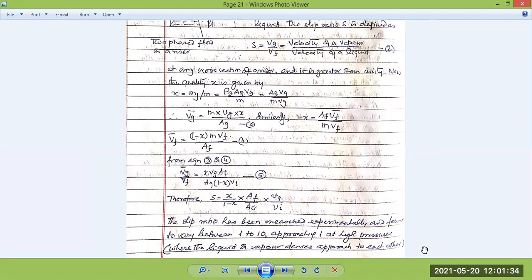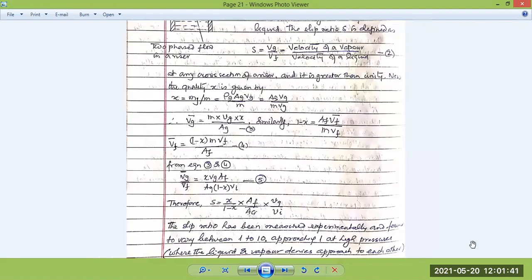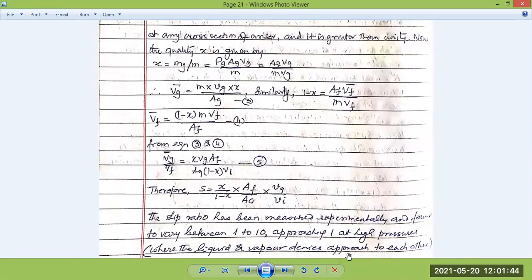The slip ratio S has been measured experimentally and found to vary between 1 and 10, approximately 1 at high pressure, where the liquid and vapor densities approach each other.